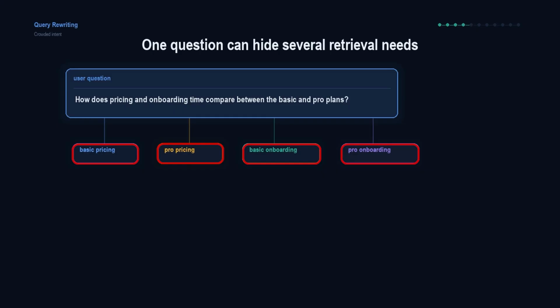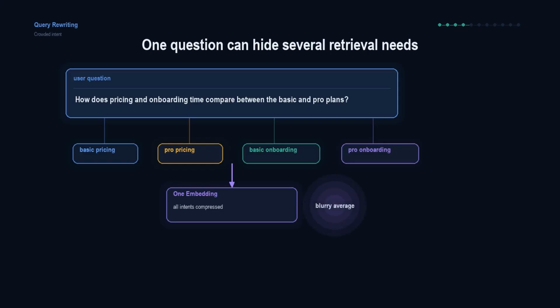A vector search turns that whole sentence into a single embedding, which ends up as a blurry average of all four ideas at once. It's not strongly any of them.